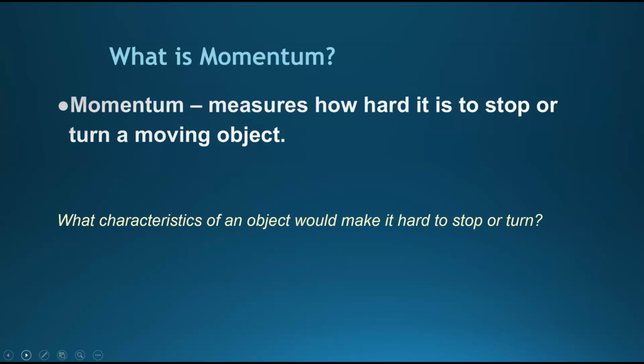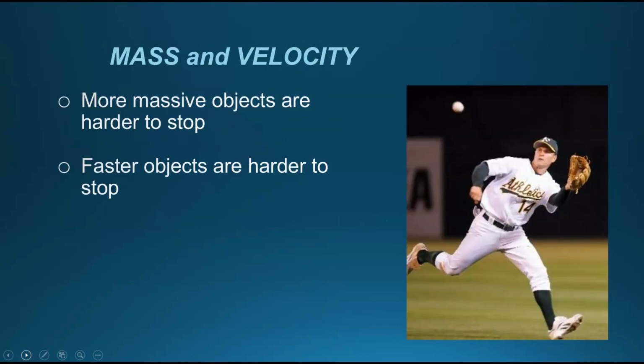So which properties of an object make it hard to stop or hard to turn? Well, if you're thinking back to that truck, the first thing you probably came up with is mass. More massive objects are more difficult to stop.